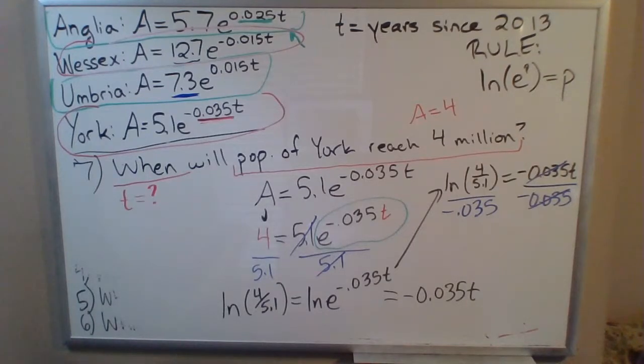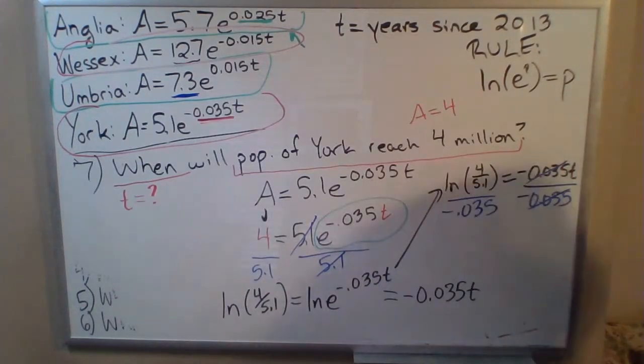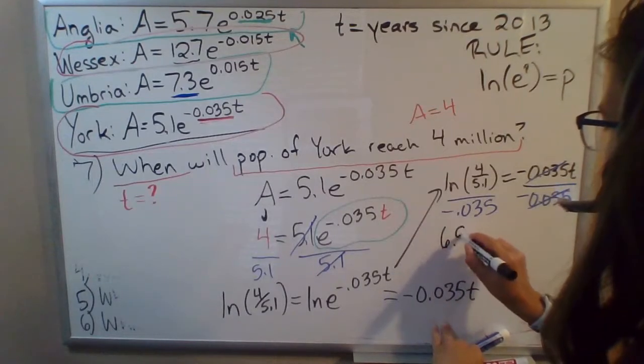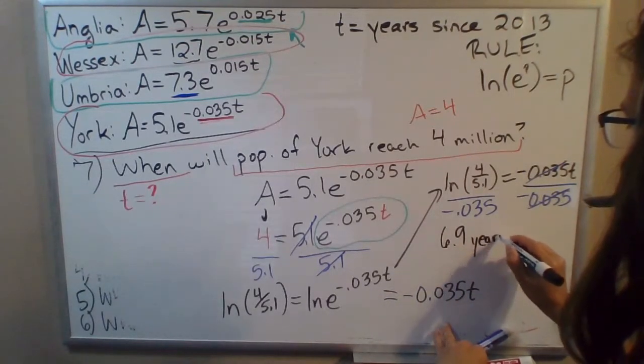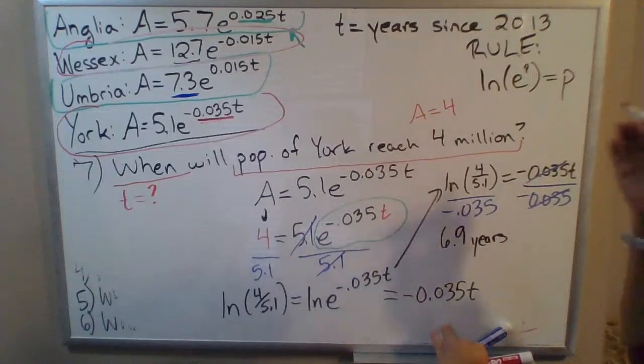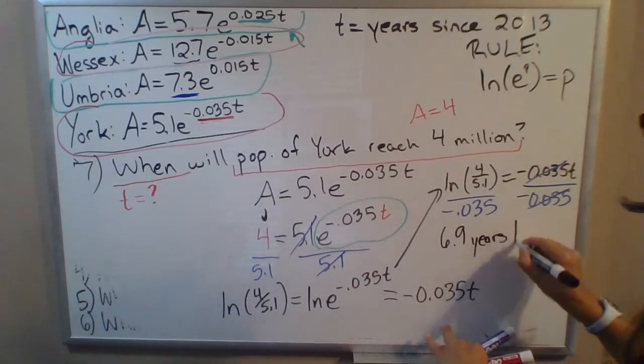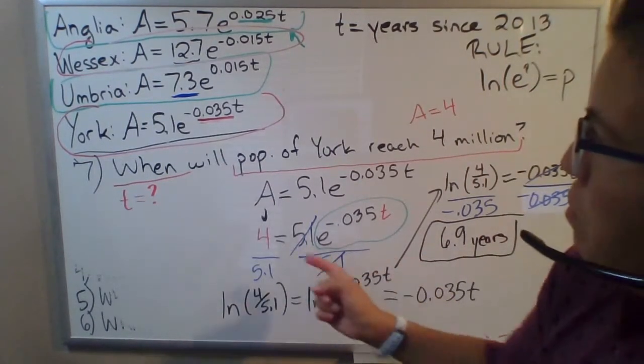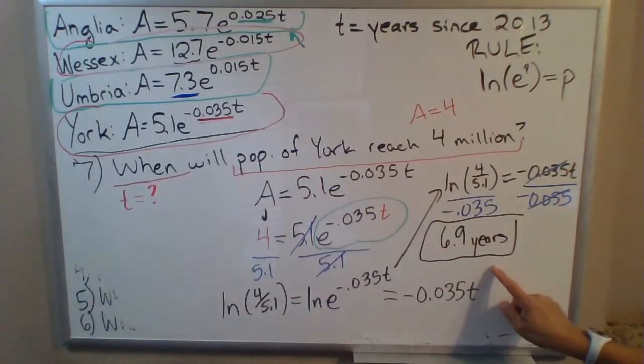So the natural log of 4 divided by 5.1, divided by negative 0.035, gives us 6.9 years. So it would be happening about now, I guess, because that's about 7 years, a little less, since 2013. Oh, that would have been last year, huh? Okay, well, there's your answer: about 6.9 years for the population to decline down to 4 million.